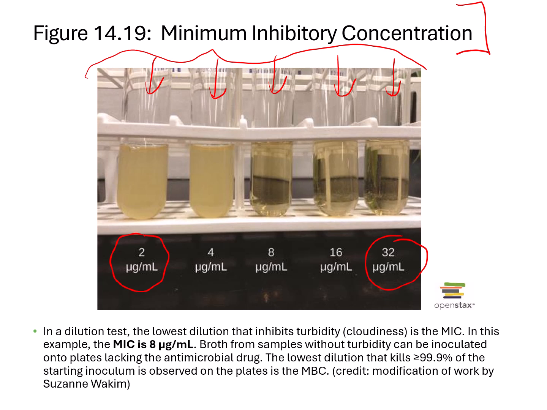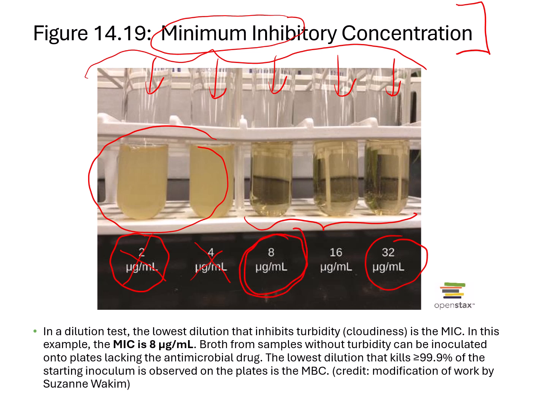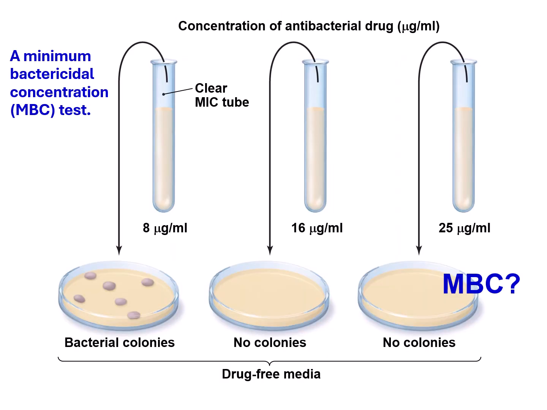Here, after incubation, I can see these two are cloudy, so those are not good at inhibiting growth, but these 3 tubes are clear. So the lowest concentration of the drug that inhibits growth, in this particular example, is 8 micrograms per milliliter.